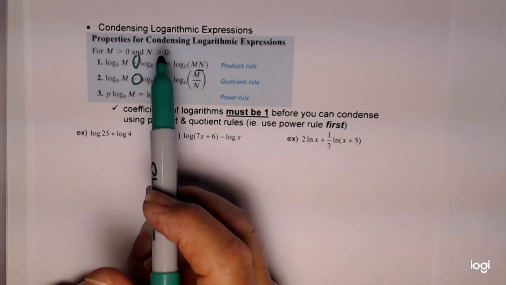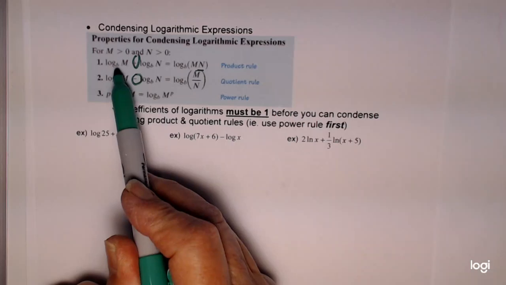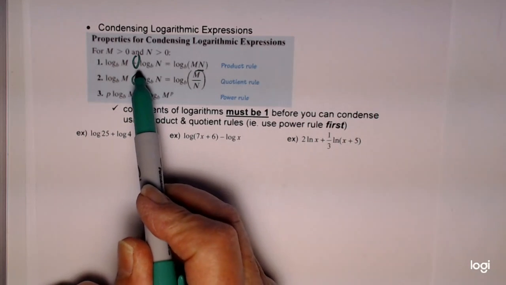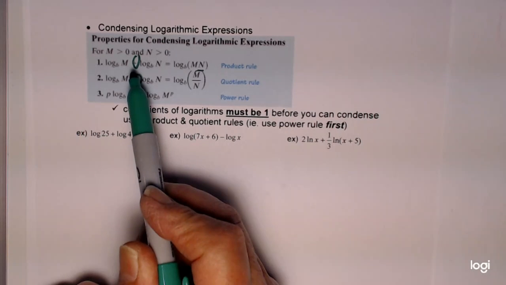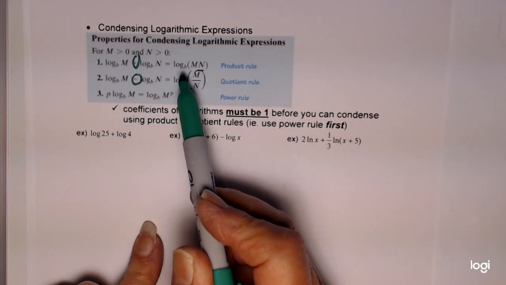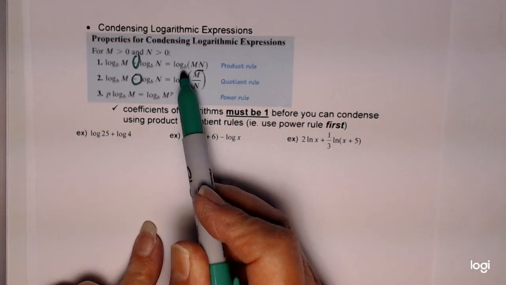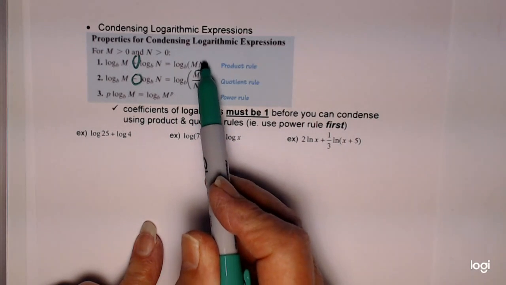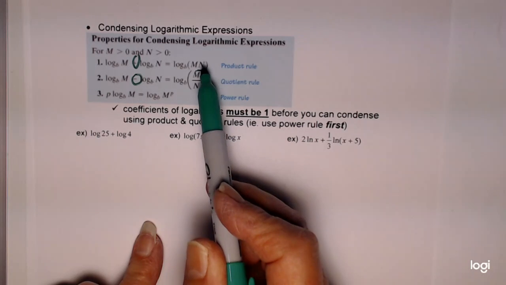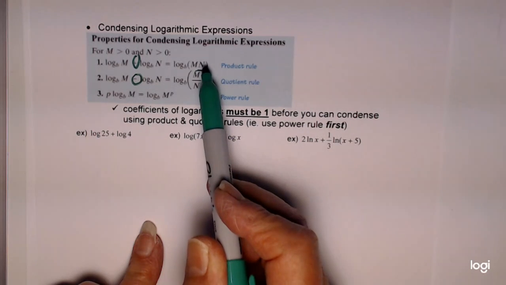Taking a look to refresh our memories, if we have two independent log statements connected by an addition sign, that property implies multiplication. So when we put the information together, we have one log statement, and the information from the two logs will be multiplied together inside that one log function.